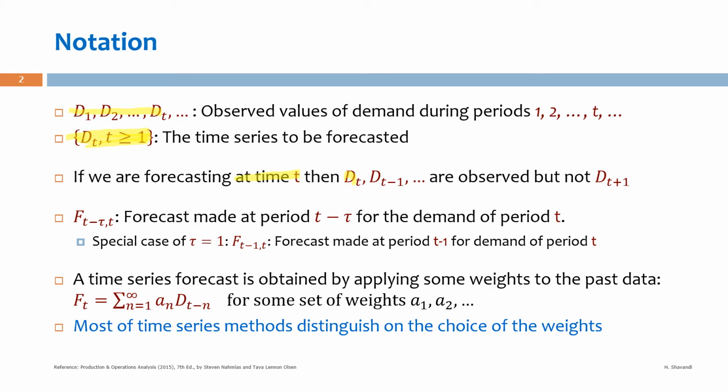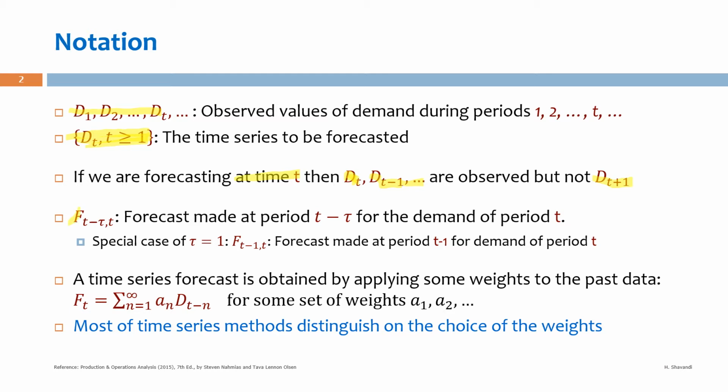So we assume that demand at time t, demand at time t minus 1, and so on are known, but not dt plus 1. So we are going to make a forecast for demand in the next period, which is t plus 1. Okay, and so we show the forecast value by f here.